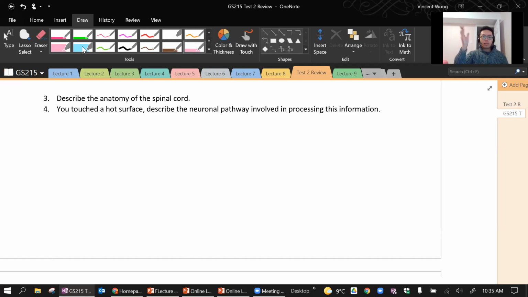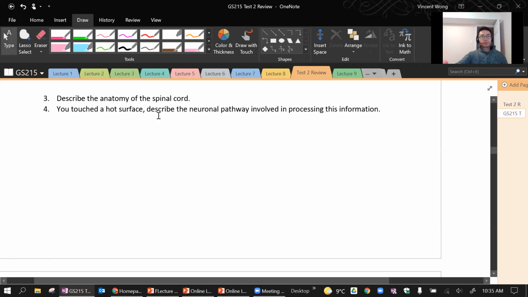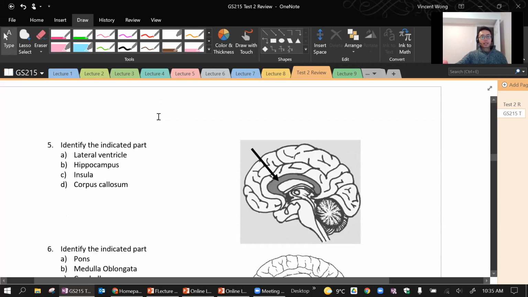Sensory information is going to go up the ascending tract, cross the midline at the medulla oblongata, go through the pons, the thalamus rather, and then eventually end up at your primary somatosensory cortex. So you want to be able to trace out that pathway and know exactly what each part does. Here are some examples.